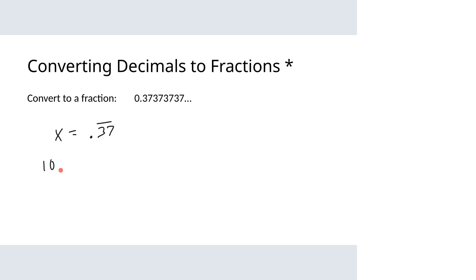And so I'll have 100x is 37.37 repeating. And all we've done really there is move the decimal point over 2 places. So now it's 37.373737. And then we're going to subtract x from both sides. Subtract x over here and subtract the thing that's equal to x over here. What that gives me is 99x is equal to 37.